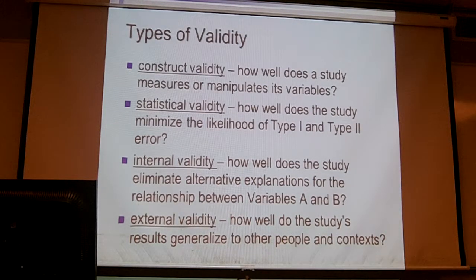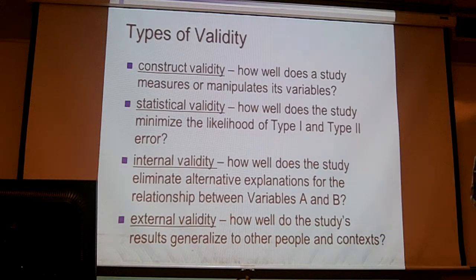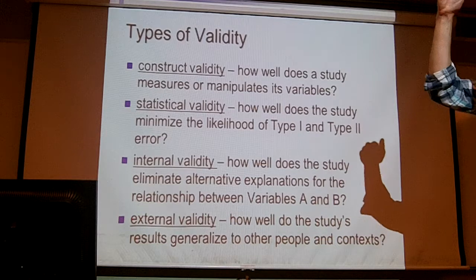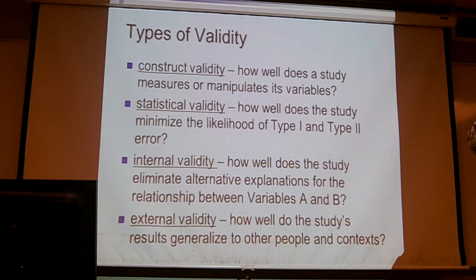And what we're hoping for, when we have a good study, is good construct validity, good statistical validity, good internal validity, and good external validity. And it's not either it has it or it doesn't have it. Validity exists on a continuum. So you can have good construct validity, not as good, a little bit less good, bad, or high or low. It's not either they have it or they don't.